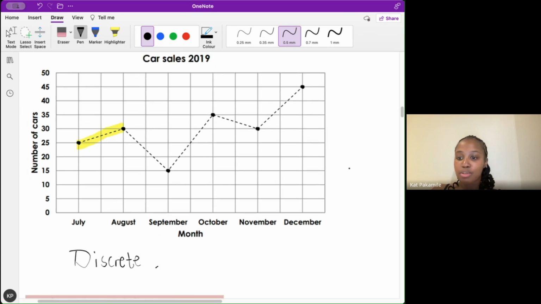Right, now before we move on, can we have a thumbs up, thumbs down on the difference between discrete and continuous data? It's very important that you guys understand those two, okay? And it's important to understand when you are drawing a graph as well. It's not just important for when you are interpreting graphs. I've seen it a lot of times in physics and life sciences because I teach those.